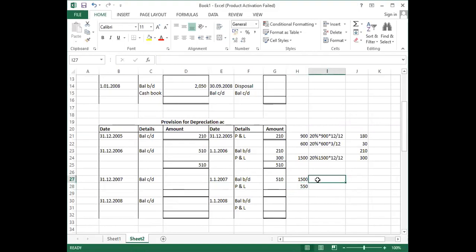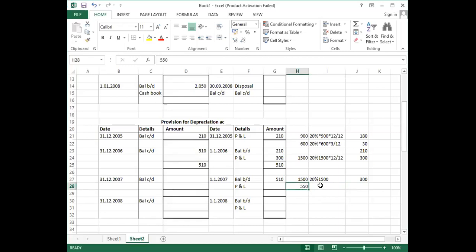The one that cost us 1,500, if we depreciate 20% times 1,500, what do we get? We get 300. True or false? For the other equipment that we were with at the beginning of the year.